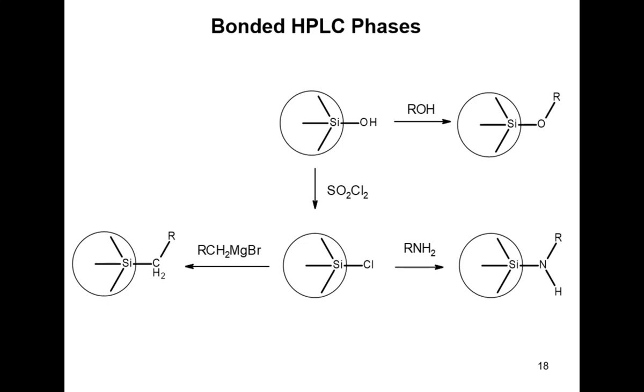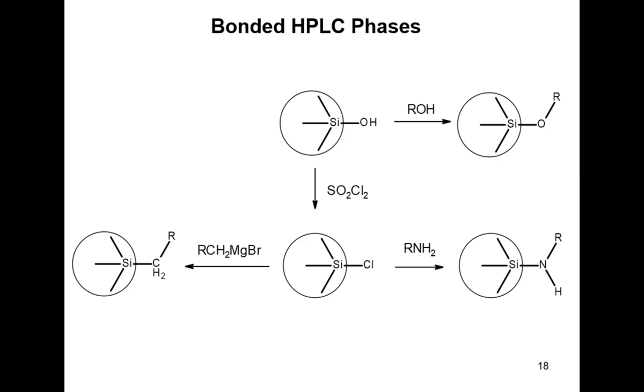You can use an alcohol molecule, and the oxygen on the alcohol replaces the oxygen in the OH group, and you can have a range of different alkyl groups attached. There's R here, but these materials are relatively unstable. They can easily just get hydrolyzed, just reverse the process to get you back to the original silica.